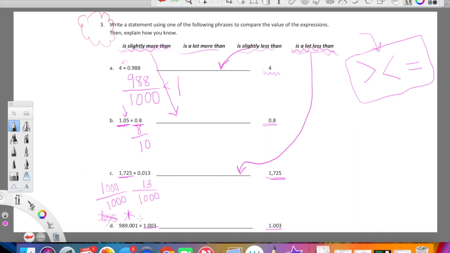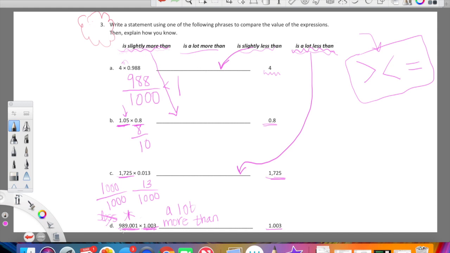No. It's tons more than. So when we multiply 1 3 thousandths by 989 and 1,000ths, the result is going to be a lot more than its original, because we're multiplying it by a lot more than 1.